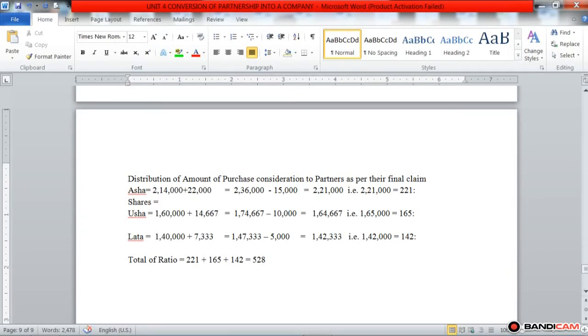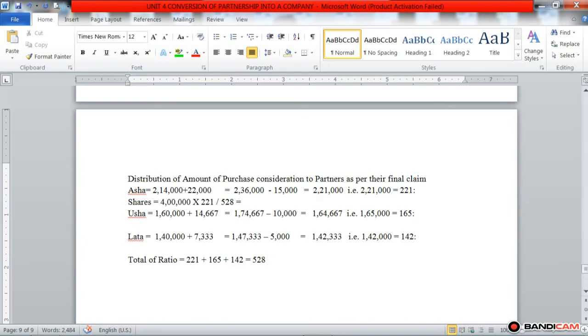So the amount of shares received amounted to rupees 4 lakh. So 4 lakh multiplied by 221 divided by 528.